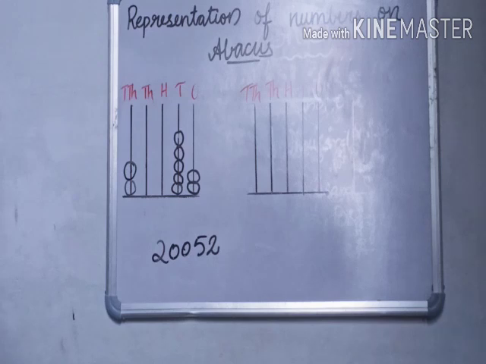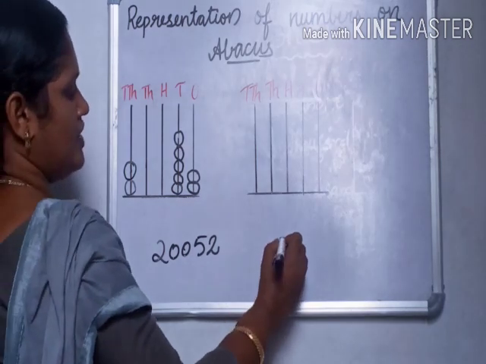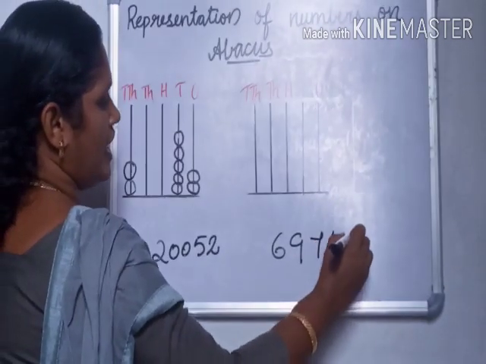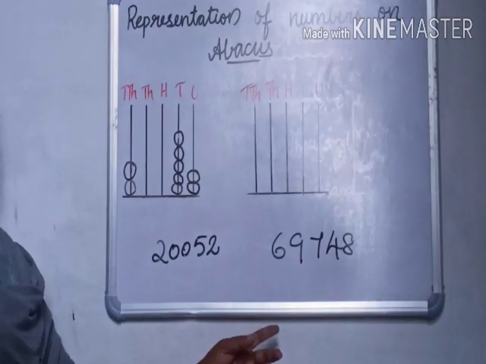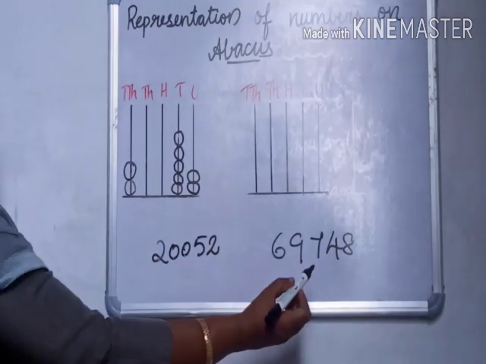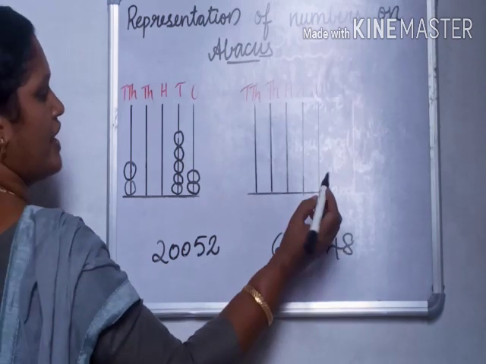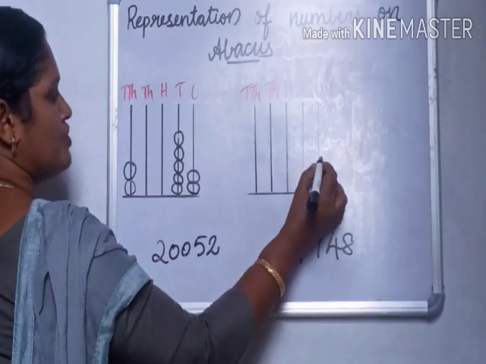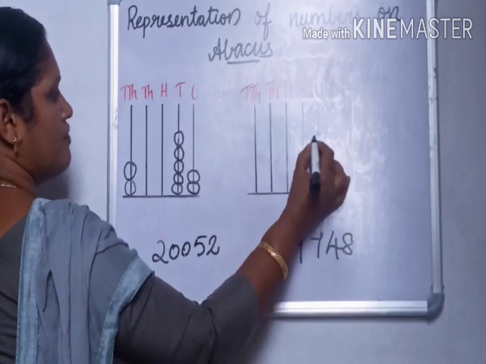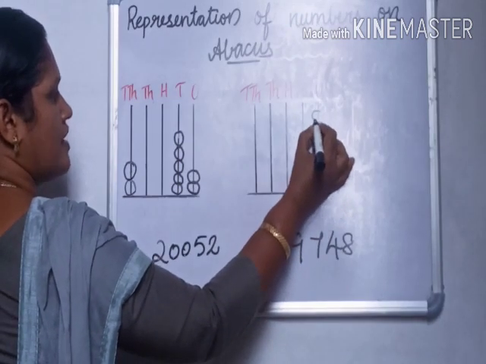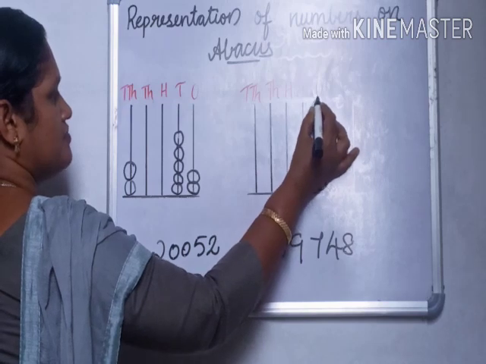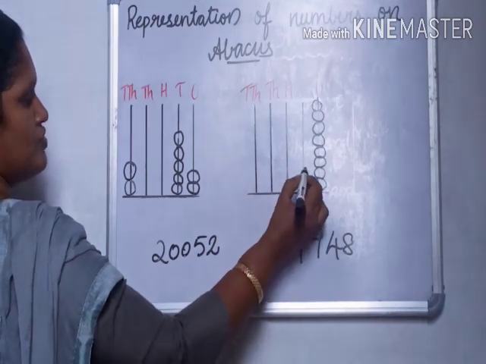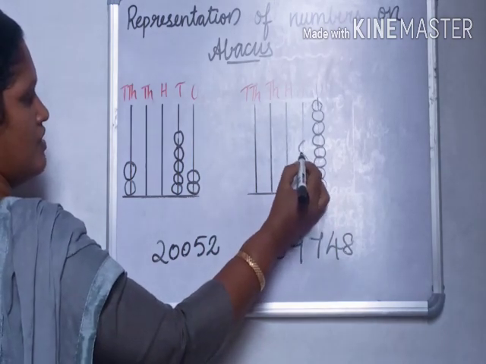Consider next example. 69,748. How do we represent this number on abacus? In units place or ones place here 8. So we have to put 8 beads here in ones place. 1, 2, 3, 4, 5, 6, 7, 8. In tens place here 4. 1, 2, 3, 4.